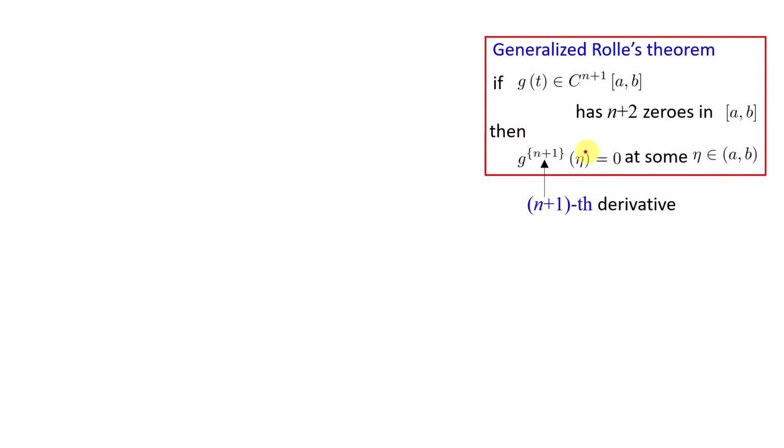That point we call eta. We don't know what point it is, but within this interval, if g has n plus 2 zeros, then the n plus 1th derivative will be 0 at at least one point.